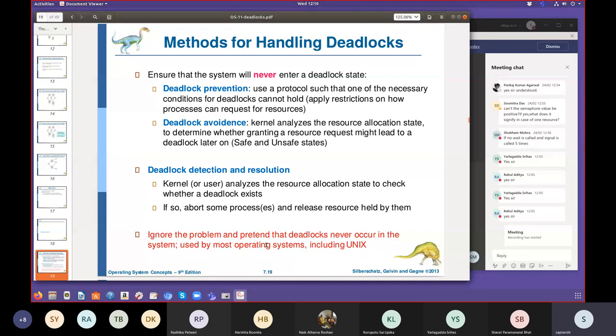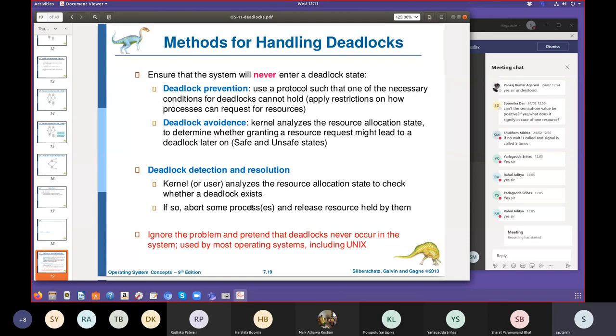This is because deadlocks are rare, and more importantly, as we will see when we discuss these methods like deadlock prevention and avoidance, they are very complex, costly or expensive methods.